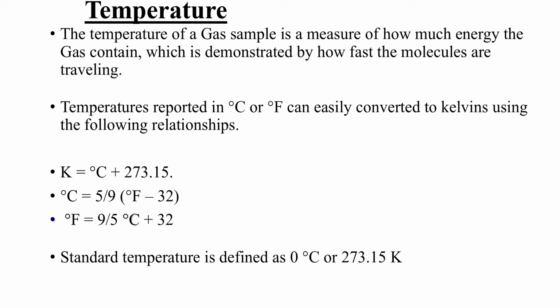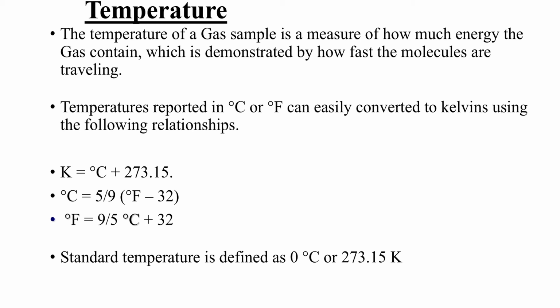The Kelvin scale is used in gas law problems because the pressure and volume of a gas depend on the kinetic energy or motion of the particles. The Kelvin scale is proportional to the kinetic energy of the particles, and according to the relationship between Kelvin temperature and kinetic energy of particles, 0 Kelvin, which is normally known as absolute zero, means zero kinetic energy.